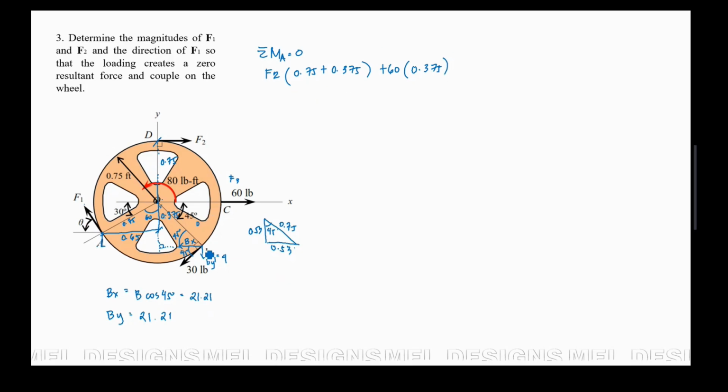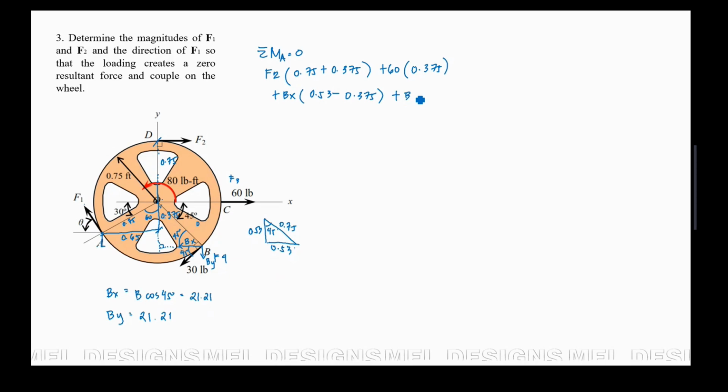Now, sige, sulat muna natin dito. For BX, dito tayo mag-moment at point A. Ito yung ating BX. Therefore, magkakaroon ng clockwise moment. So, plus BX, the moment arm will be 0.53 minus this one, 0.375. Okay? And then, yung ating BY, ito yung BY natin.